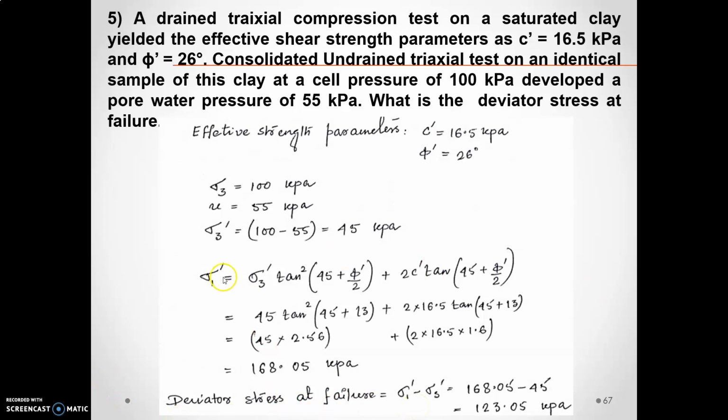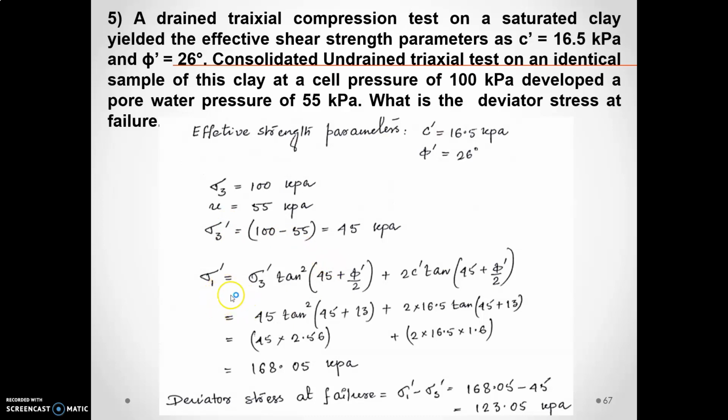Okay, so very simple. Mainly you should know all the terms: what is C dash, what is phi dash, what is sigma 3 and what is u. So sigma 3 is the cell pressure in case of a triaxial compression test, and u is pore water pressure. Sigma 3 dash is always, dash means you have to deduct the pore water pressure.